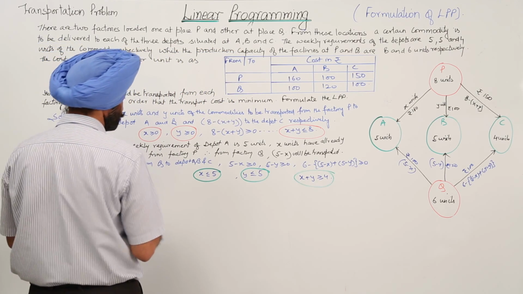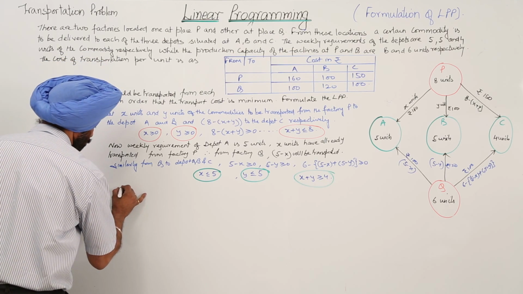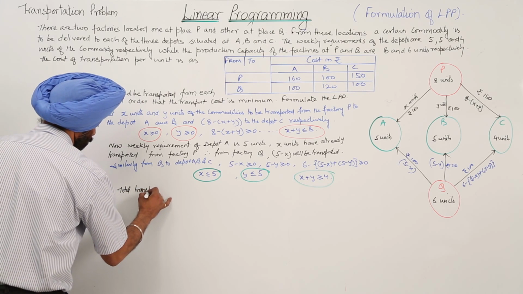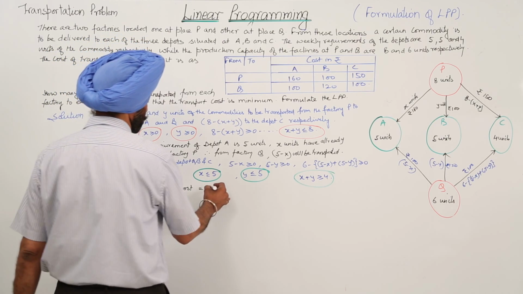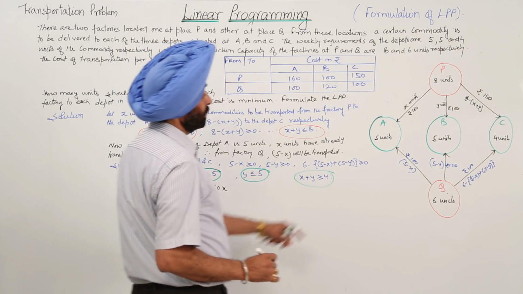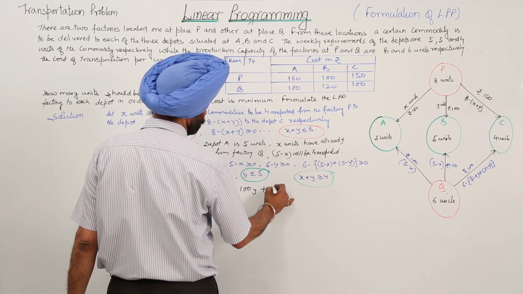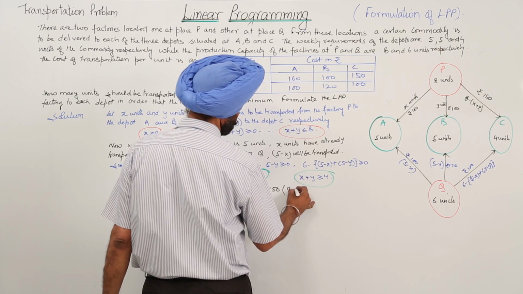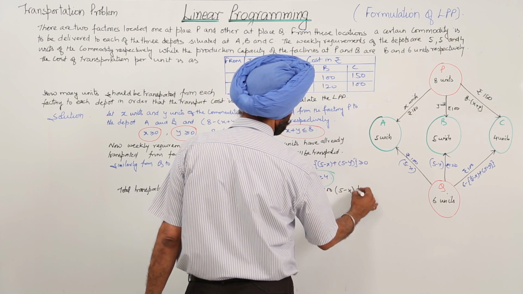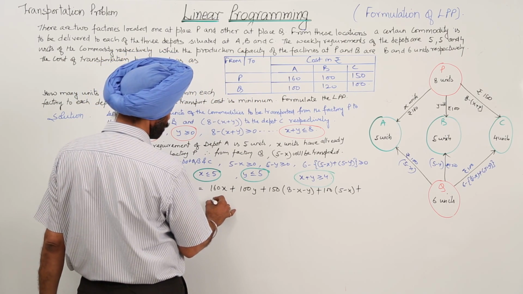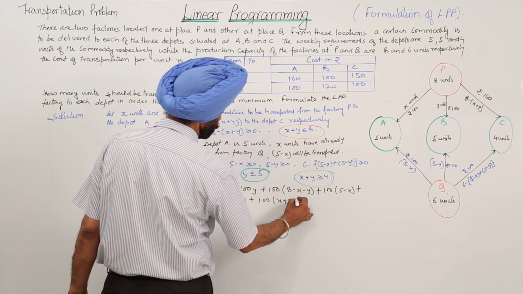Now we have to find the total transportation cost, which is equal to 160 times X plus 100 times Y plus 150 times (8 minus X minus Y) plus 100 times (5 minus X) plus 120 times (5 minus Y) plus 100 times (X plus Y minus 4).